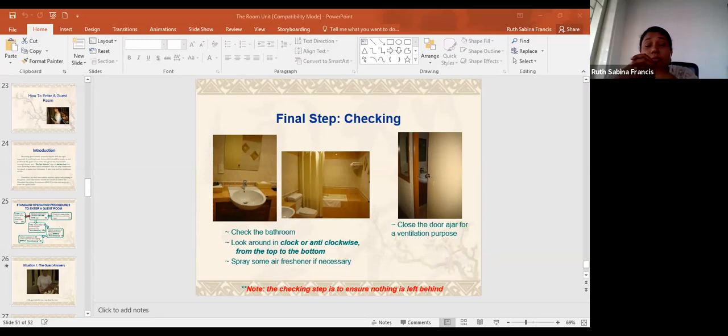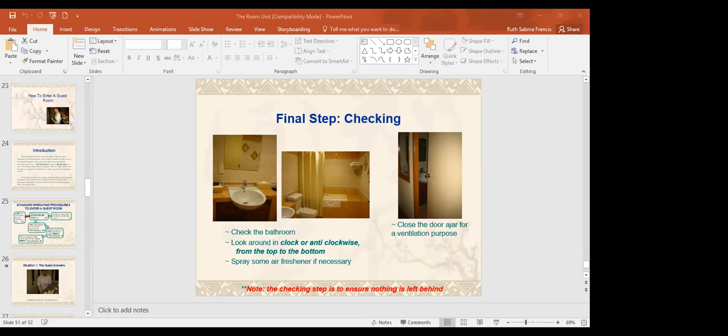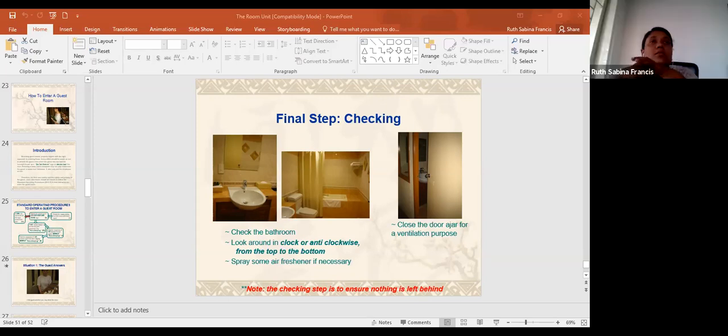Yes, even before that, even before knocking the door, what must you check? You have to check if the room is vacant or occupied. I mean, it is an occupied guest room. That's why you're providing a turn down service, right? So you need to check whether the guest is inside or not, so that you will check when you knock at the door. But apart from all of these things, there is something else you really have to check.